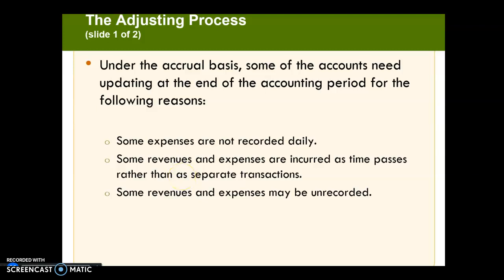Some revenues and expenses may be unrecorded. As we perform our services to customers, we have to record them once we have completed or delivered the service to the customer.